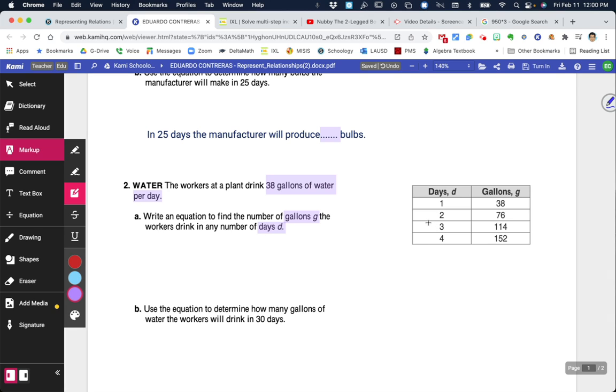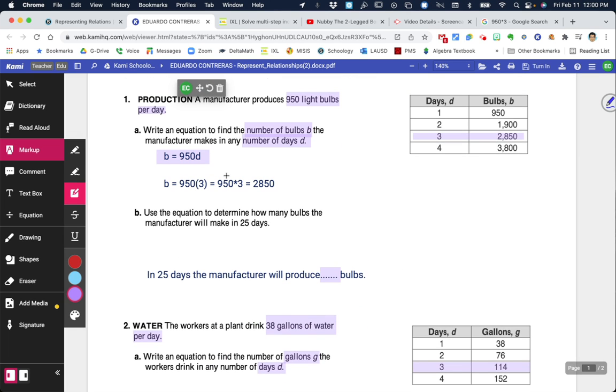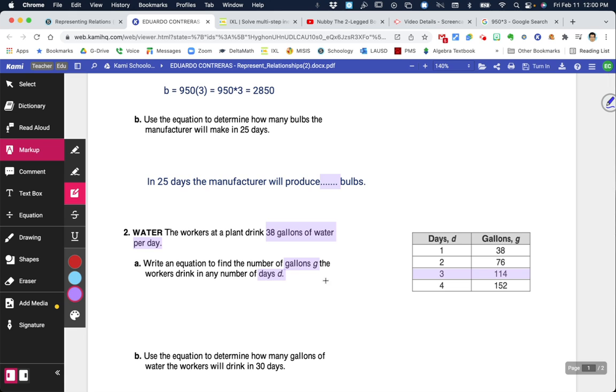And I want you to use the same value to test out the equation you come up with. So you're going to develop your equation on your own this time. But figure out for 3 days. Test out this value just like we did for 3 days with the light bulbs. So you're going to come up with your equation, test it for day 3, see how many gallons you get, make sure it matches up with this.